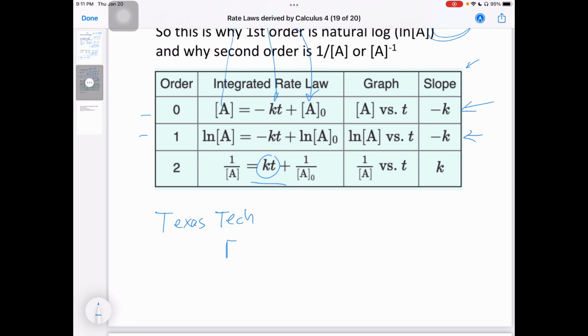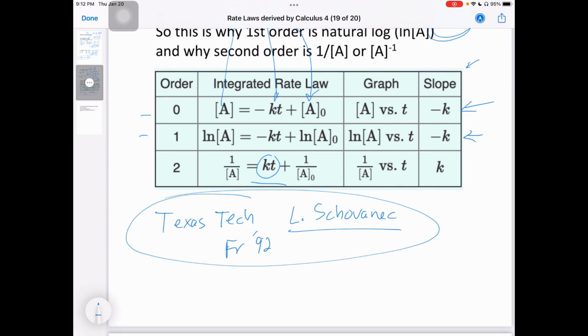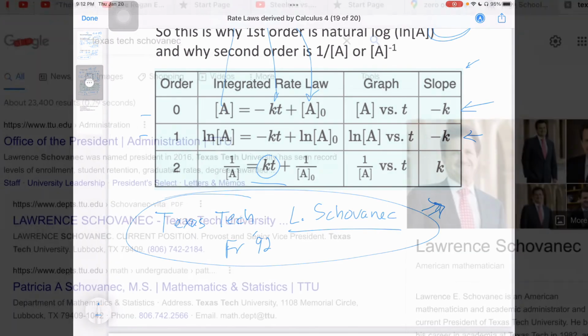I was a freshman in 92, and my calc prof was Lawrence Skovanec, who is now the president of Texas Tech. So I got to see him on a press conference like, hey, that was my calc prof. So kudos to Dr. Skovanec. He gave me the knowledge back in fall of 1992 in the Honors Calc 1 class, and when I make this video, I may send this to him.